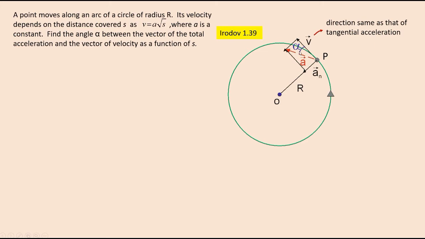So if you want to find alpha between total acceleration and the velocity vector, it would be the same as the angle between total acceleration and tangential acceleration. You have to consider both accelerations, and then only you can find alpha.